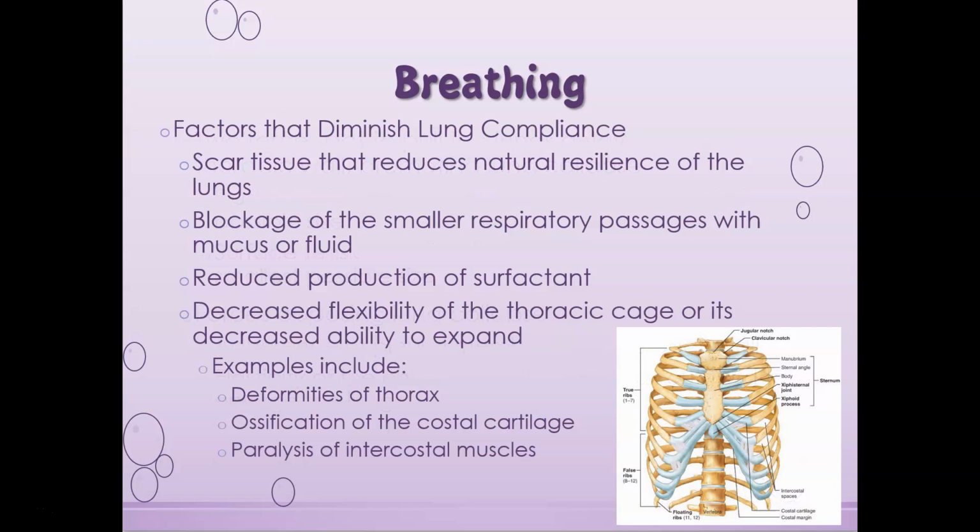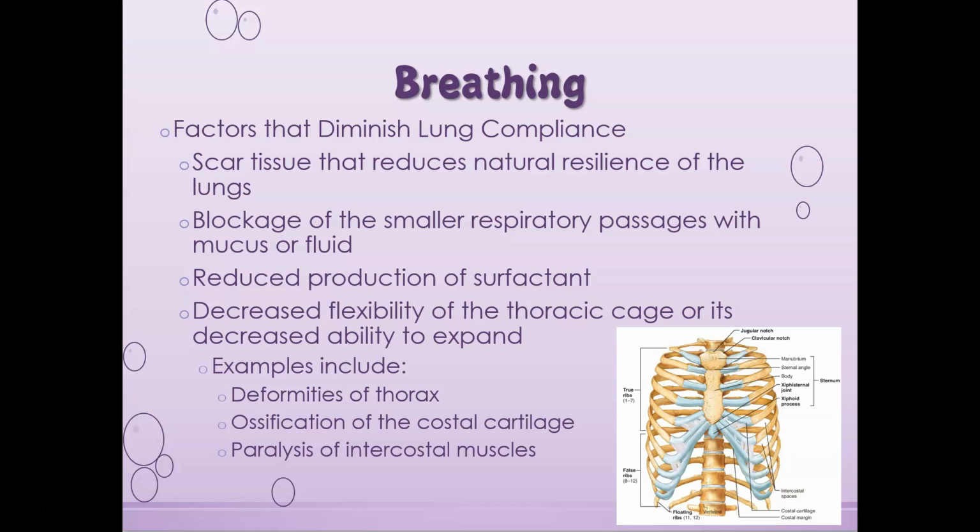We're looking at this compliance and recoil, and I need them both to be there and function appropriately. There are factors that diminish your ability to allow that compliance to happen. Things like scar tissue as a result of just natural use of your lungs, or we can increase that scar tissue because of disease processes or smoking.